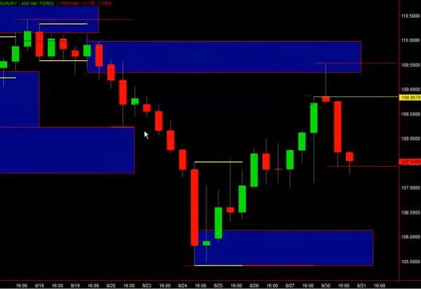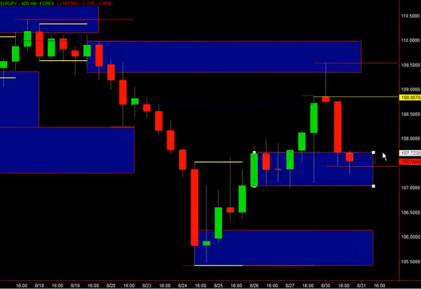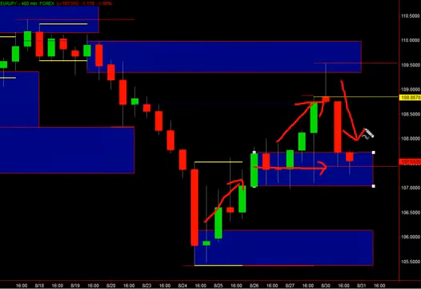So we can also say that price rallied, paused, rallied, but this is where price stopped and started on both those occasions.